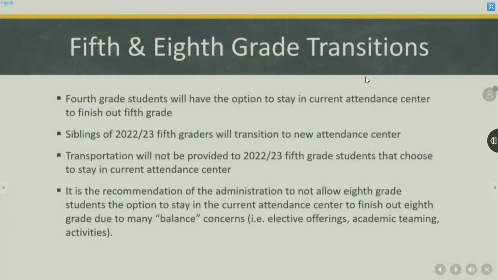In fact, there are more offerings than most middle schools have in the metro area. In order to keep those offerings, you have to have numbers. And that involves personnel as well. So that's the reason the administration is making the recommendation. Boundaries are boundaries. 8th grade, 7th grader this year moves to that attendance center next year.